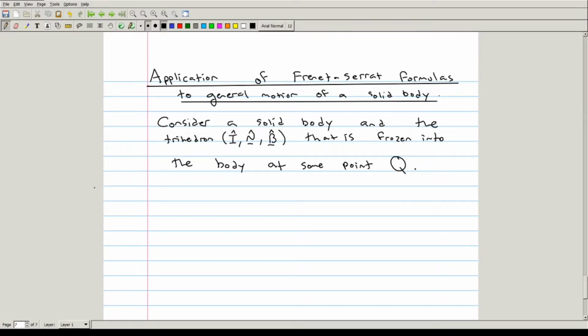And we'll assume that this frozen frame is moving along some curve. The body is actually in motion along some curve in 3D.